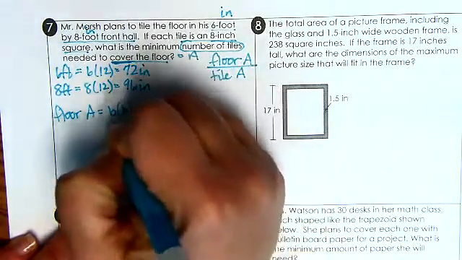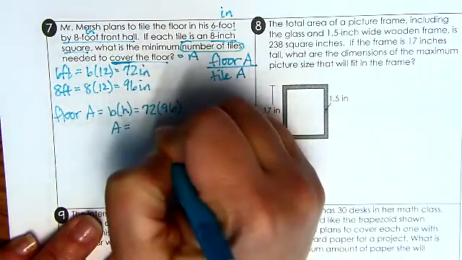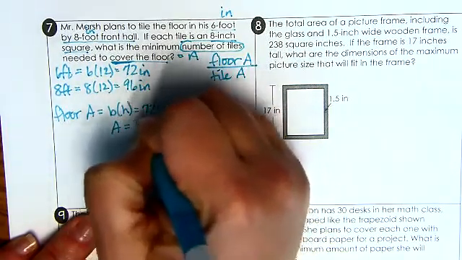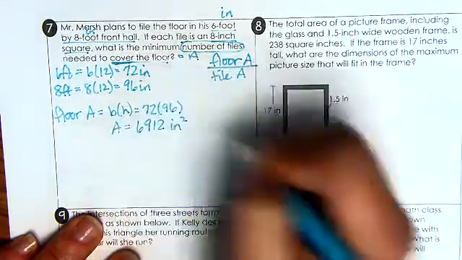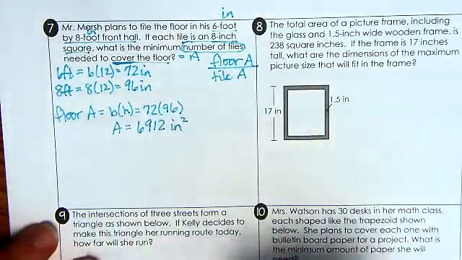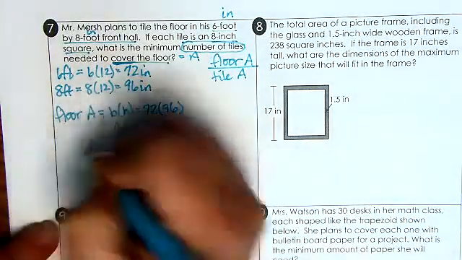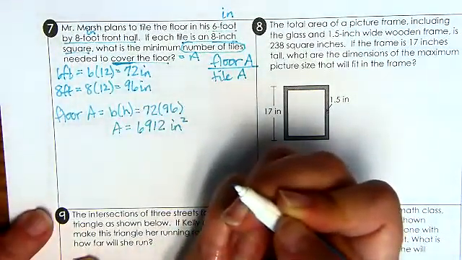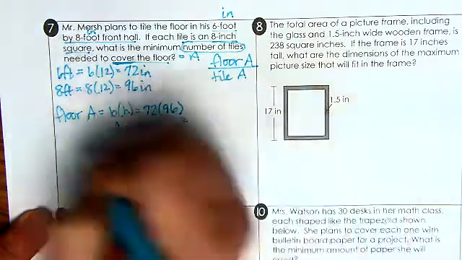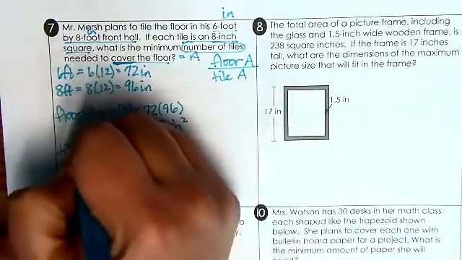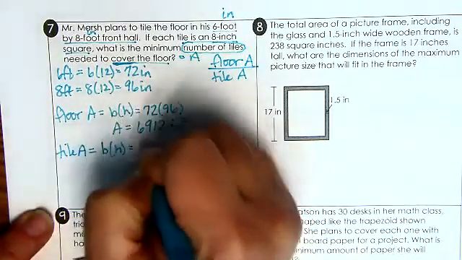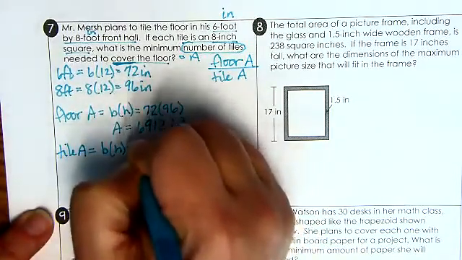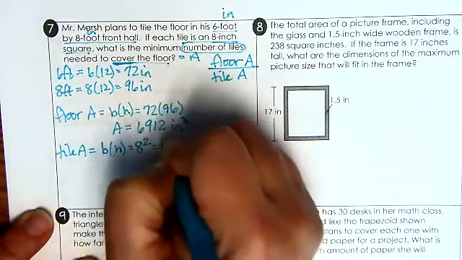So it gives you that area equals 6,912 inches squared. Now we need to find the tile area, which is still base times height, but it's a square, so that means I'm doing 8 squared, which is 64.